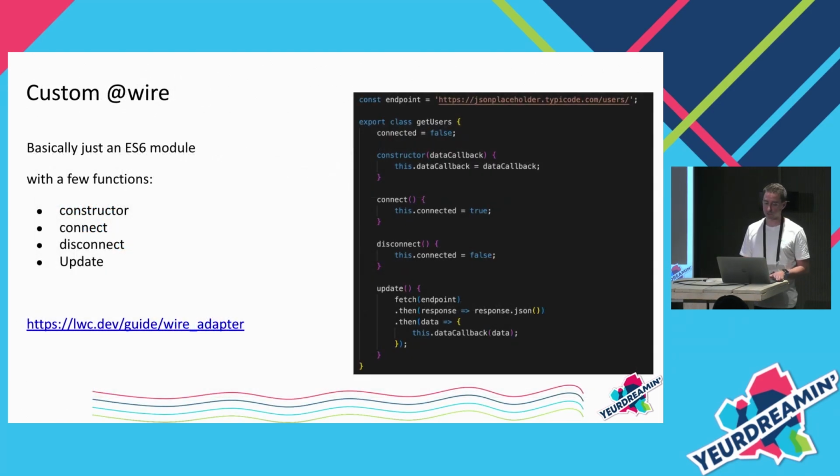Just a word about the custom @wire. It's very easy to do, actually. This is a very basic use case. I guess there should be a little bit more code, but the idea is you just create an ES6 module. There are a few functions that you need to set up. And basically, this is what I have in my app that I will show you just after. I have an endpoint here with an API with a JSON. I just call it with a fetch and then return the result. And that's it.